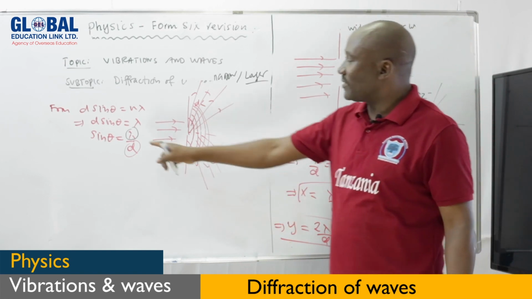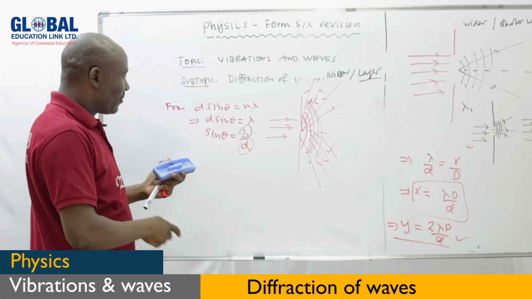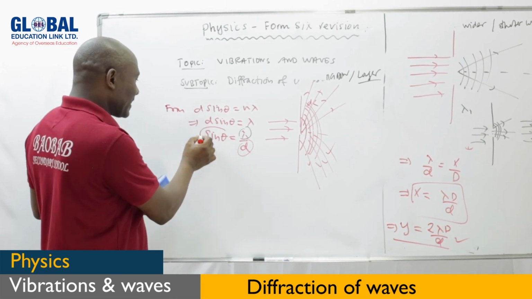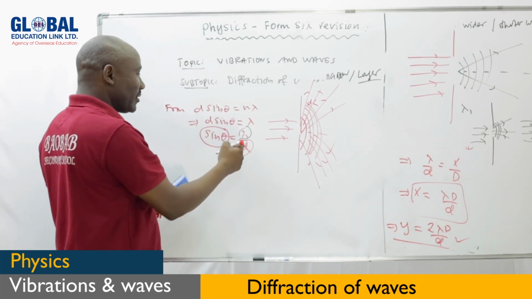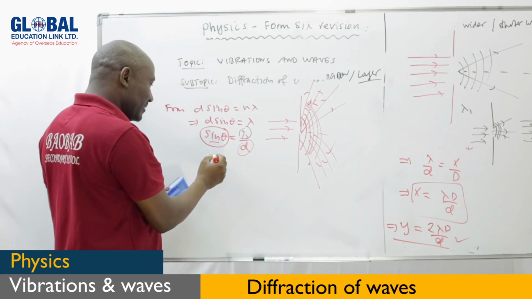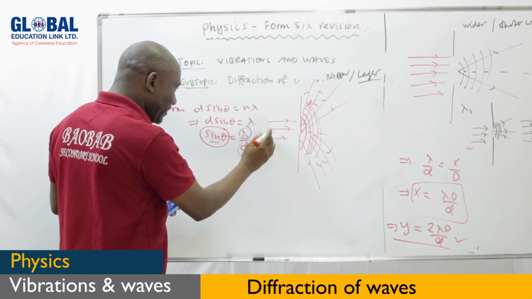The difference is based on this formula. We said the sine of the angle will never exceed 1, so it is supposed to be less than or equal to 1.